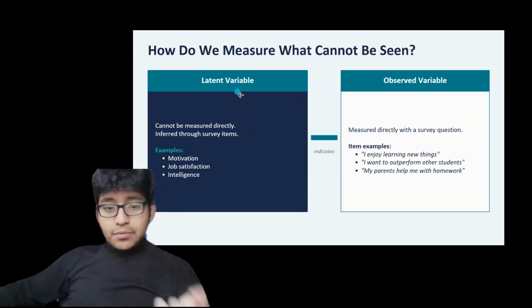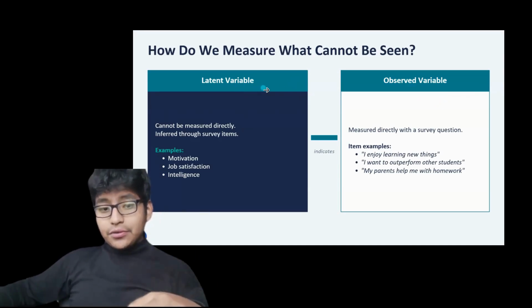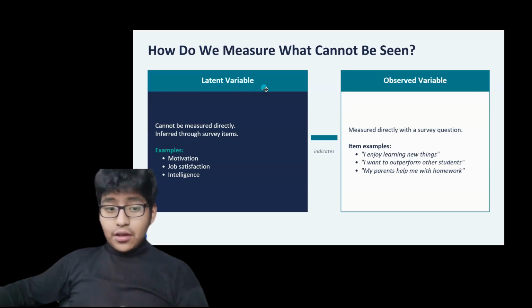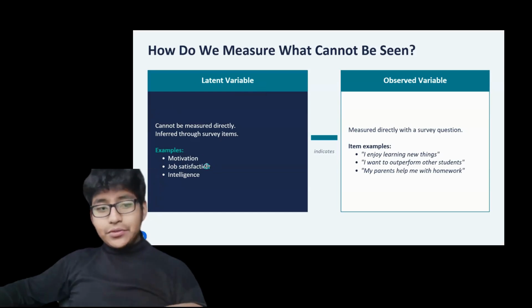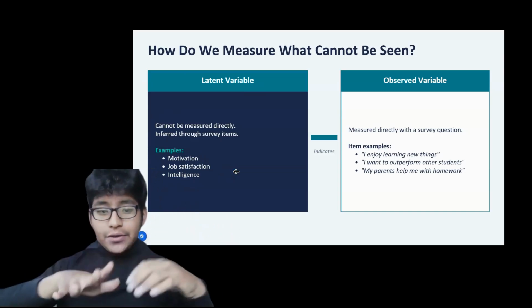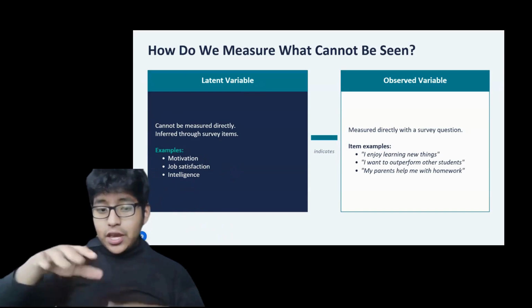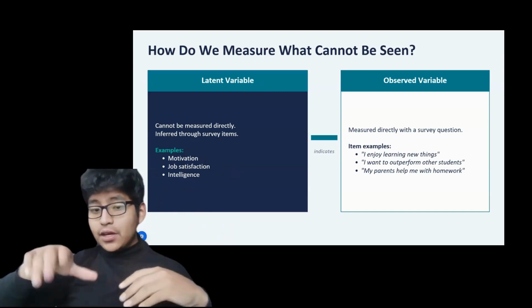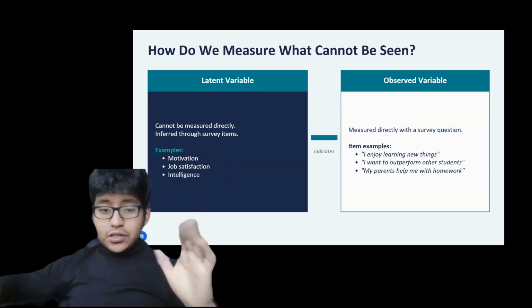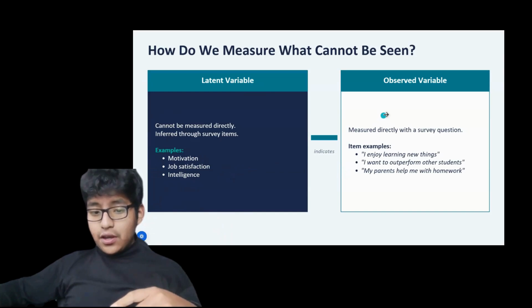First, a latent variable is something we cannot see directly. For example, motivation, job satisfaction, intelligence, or satisfaction. Because you cannot measure them directly, researchers use survey questions. These questions help understand how a person thinks or feels.